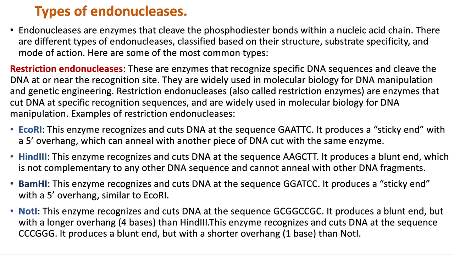We have the restriction endonucleases. These enzymes recognize specific DNA sequences and cleave the DNA at or near the recognition site. This type of enzyme is widely used in molecular biology for DNA manipulation and genetic engineering.